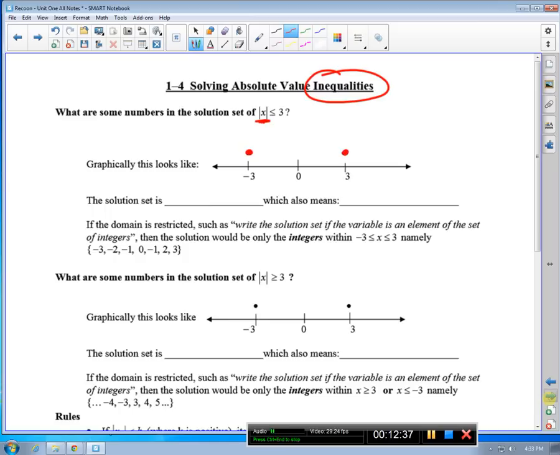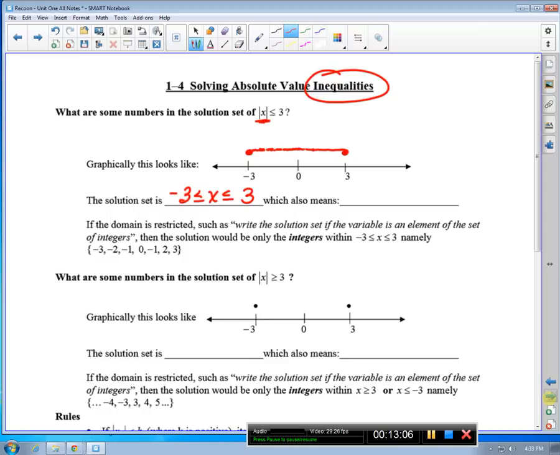So where is the distance less than 3 from 0? Well, all the way out to negative 3 and all the way out to 3. So any number on the number line between negative 3 and 3 is a solution set for that. So we would have negative 3 is less than or equal to x is less than or equal to 3.